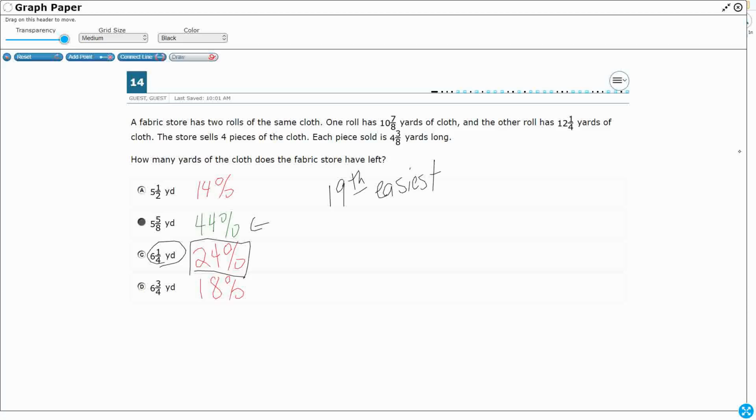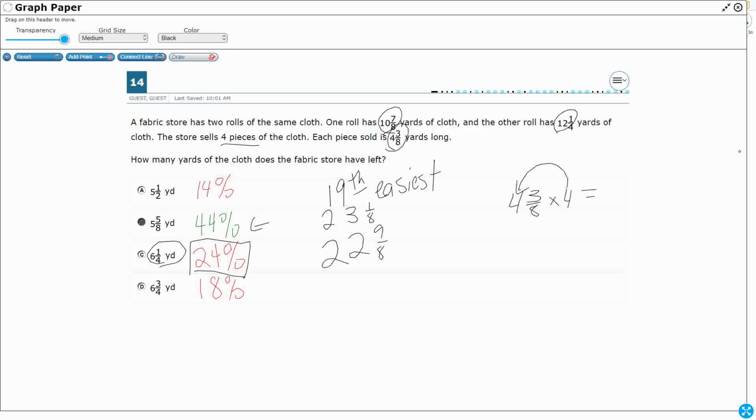Well, remember we had as our total of these two right here, 22 and 9/8, right? Or you can view it as 23 and 1/8, either way. And if we have this 4 and 3/8, remember we multiplied this. Well, what happens if students multiply this 4 times the 4 and 3/8, but they mess up on the multiplication, right?